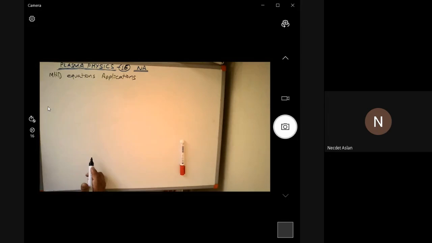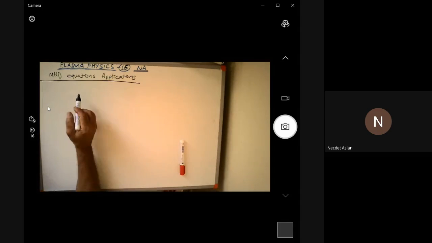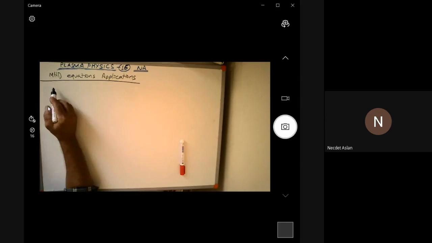Okay, we are now going to solve some problems for the MHD equations. The first equation we introduced was conservation of momentum.